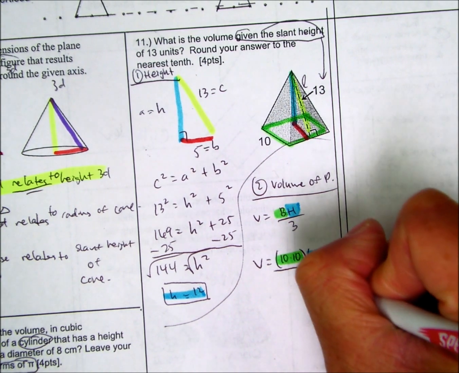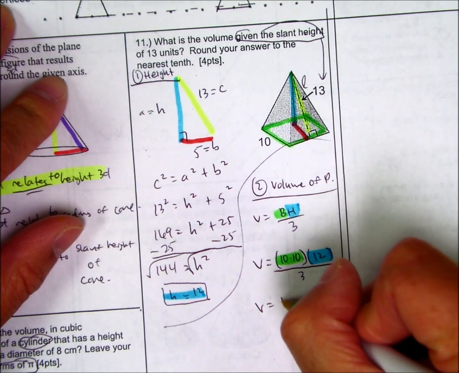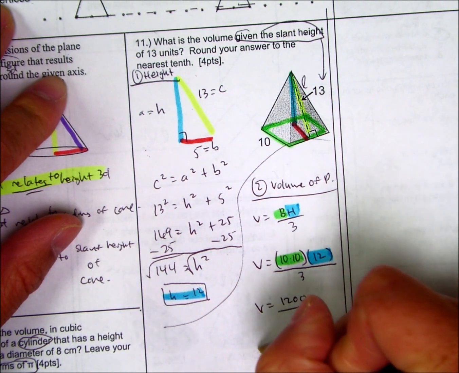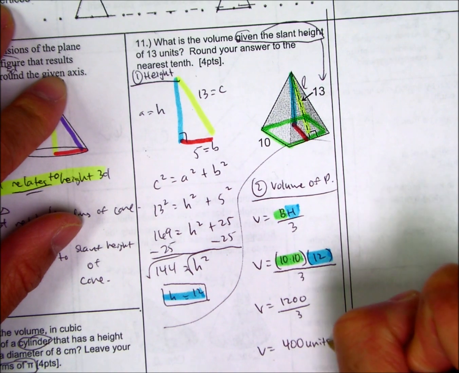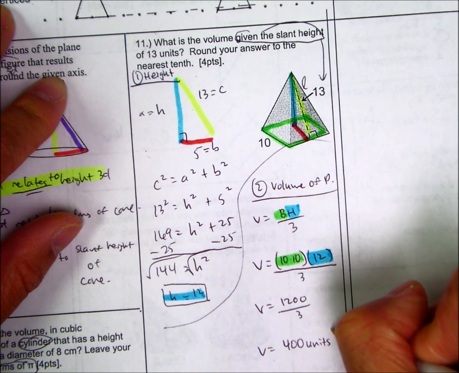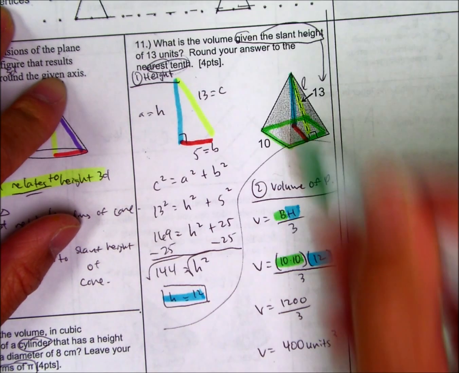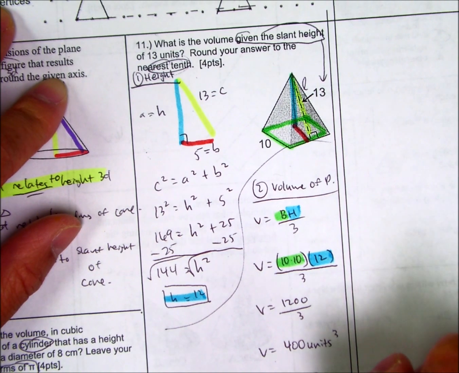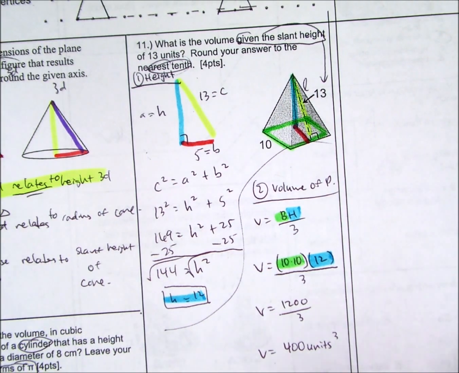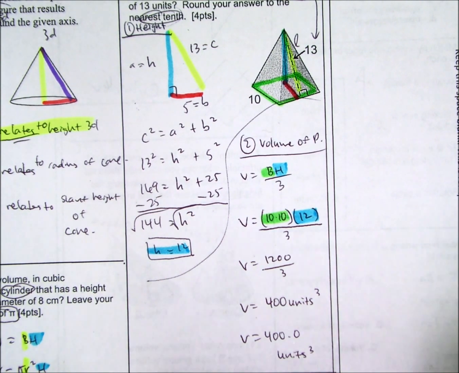Don't forget to divide my answer by 3. So if you multiply those numbers, you're going to get 1200 divided by 3, or your volume is equal to 400 units cubed. Now it says to the nearest tenth, so I can actually write that as 400.0 units cubed. And that would be the answer for this one.